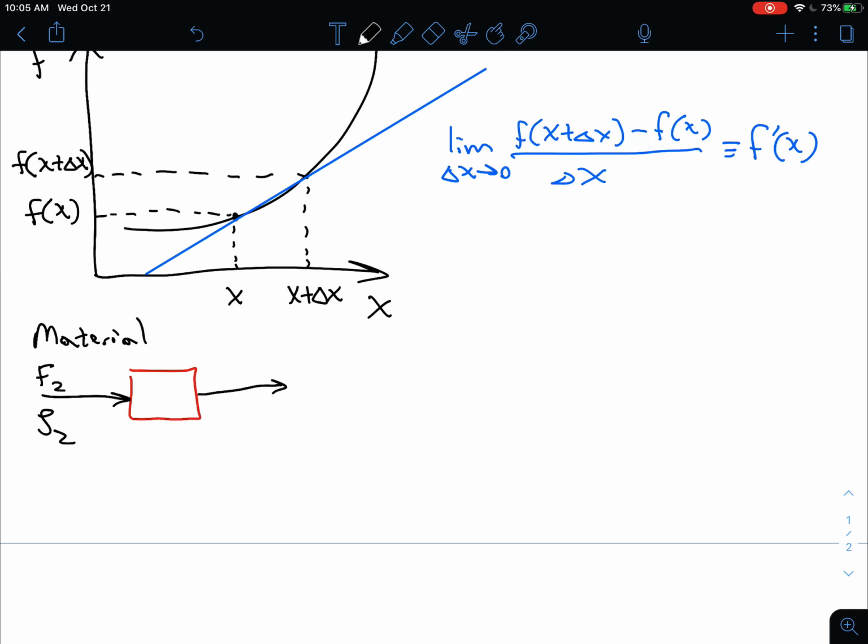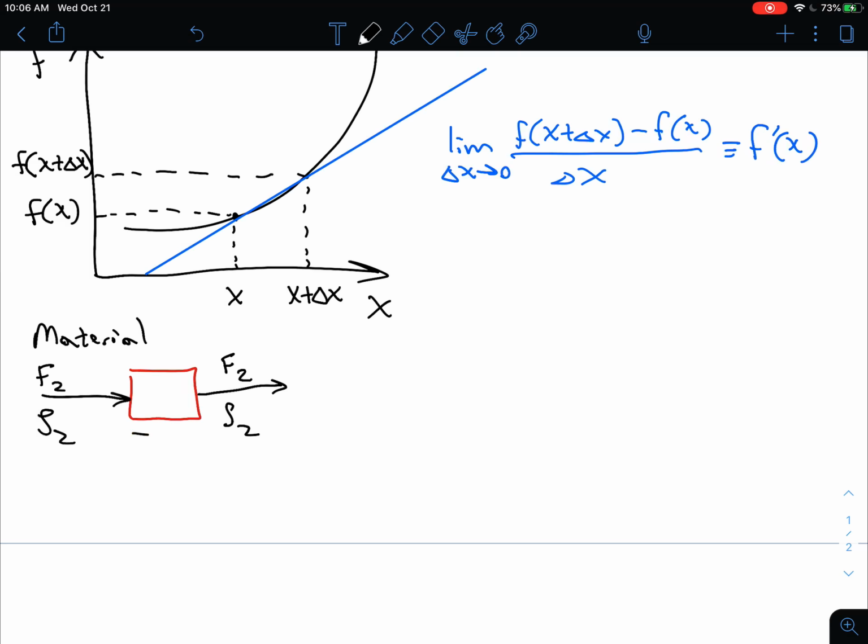I can do the same thing here. And remember that I'm making the assumption that F2 is constant and so is rho 2. So it turns out that this balance is not all that interesting, but let's write it out anyway.